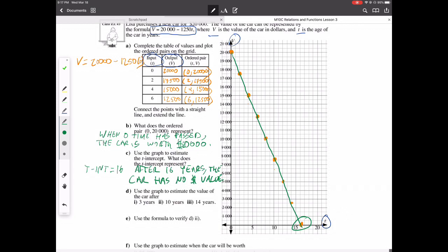If I'm using the graph to estimate the value of the car after, say, 3 years, then I'm going to follow along the x-axis here, or t-axis as the case may be, until I get to 3 years. I'm going to follow straight up from there, and I'm going to get the point that exists in here. Now I can see that it's somewhere between the 16,000 and the 16,500. So let's say that for this case, it's approximately 16,250.